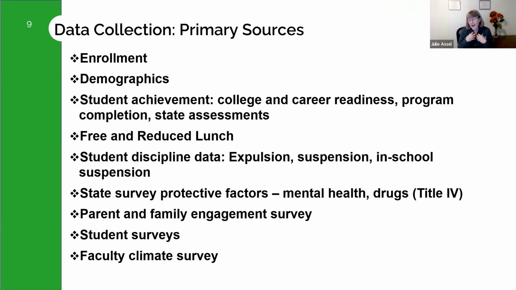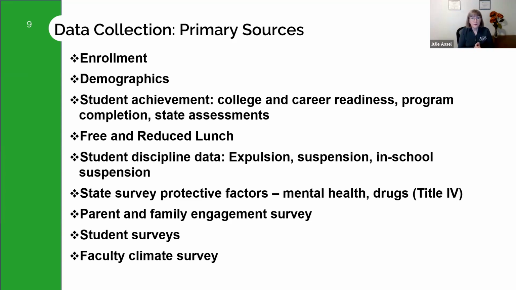I know I collect this data. You make us collect it, maybe for the state or for our district. How can I have a report for my building or my feeder school, set of feeder schools, something like that, and start figuring out how you want to slice and dice this data.